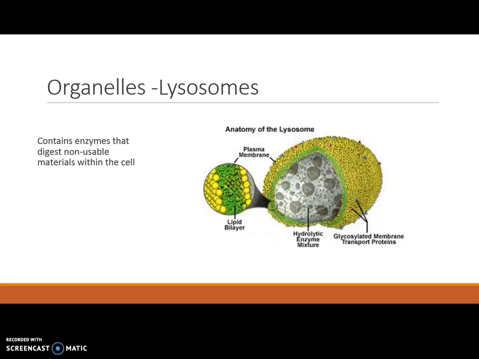Now, lysosomes are sent out by the Golgi apparatus to break down certain materials. Lysosomes contain enzymes that break down and digest unneeded cellular components. Some items they digest may include damaged organelles, foreign material that enters the cell, and sometimes they'll even eat themselves.